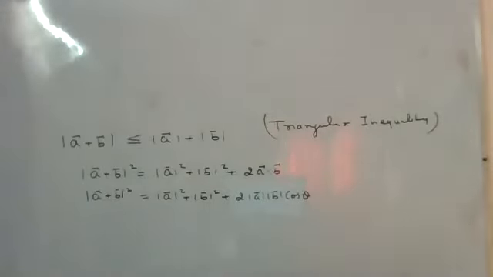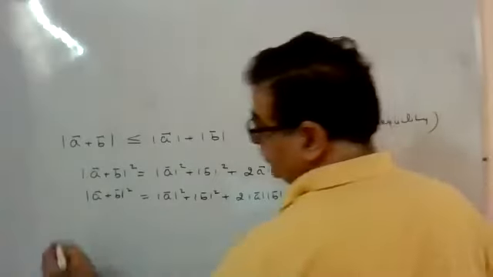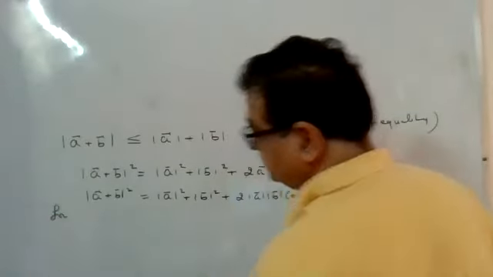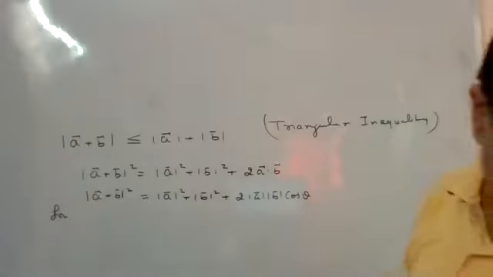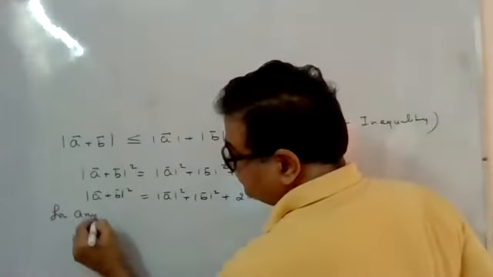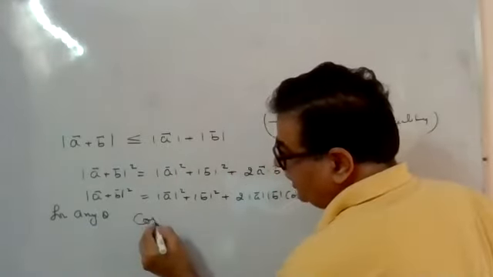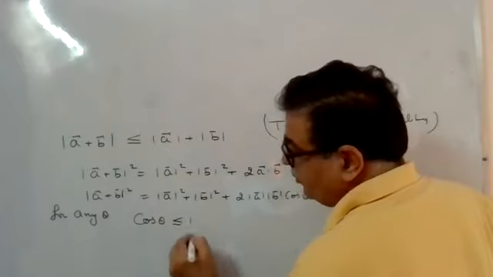Now, these are equal cases, but we have to create an inequation. So to create the inequation, what do we do now? For any theta, what do you know? Cos theta always comes less than or equal to 1.